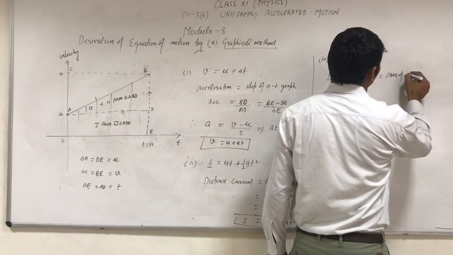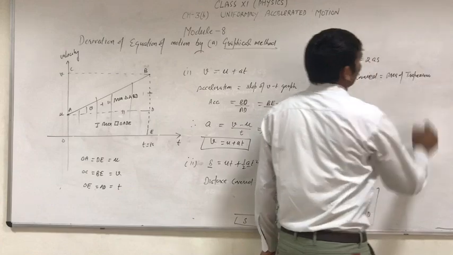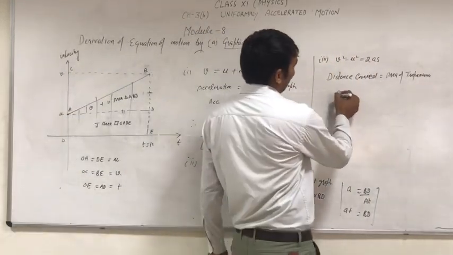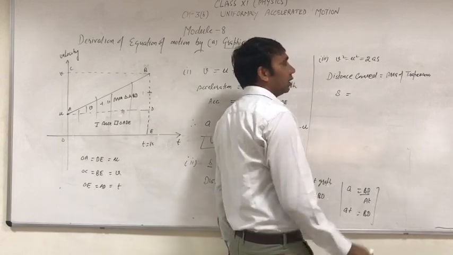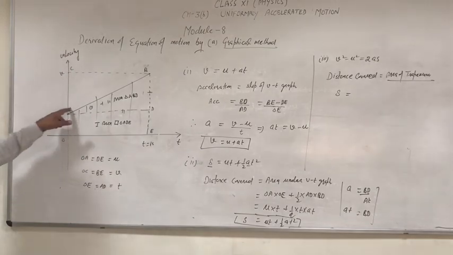Distance covered s is equal to the area of trapezium. Area of trapezium means OABE.